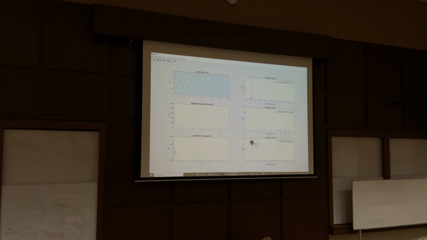Here we are. See, it's a little bit diluted. 5.9, 6.00, there it is. You see, that's corresponding.